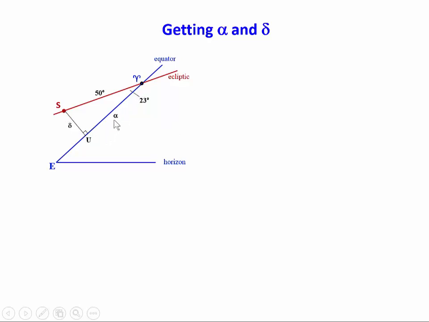The right ascension is denoted by the letter alpha, and the declination by the letter delta. So given the 23 degrees, which is always fixed of course, and the 50 degrees, which we're taking as our example, we want to know what alpha and delta are.